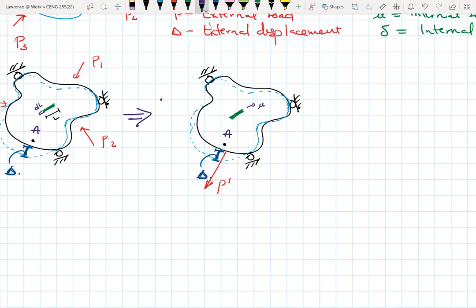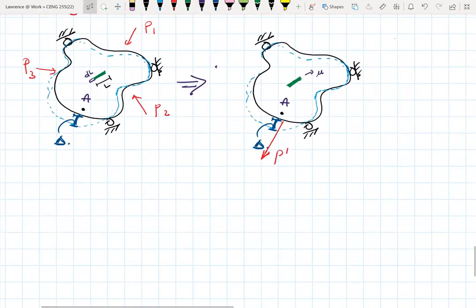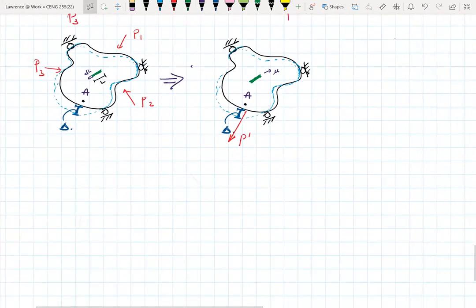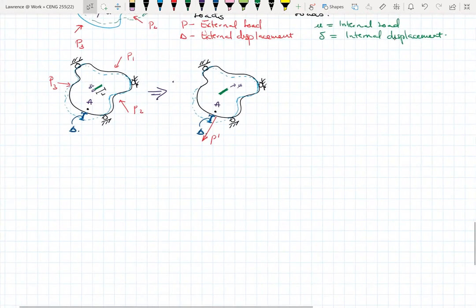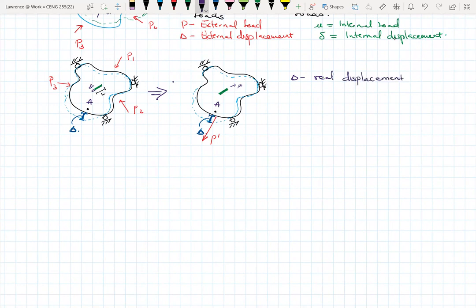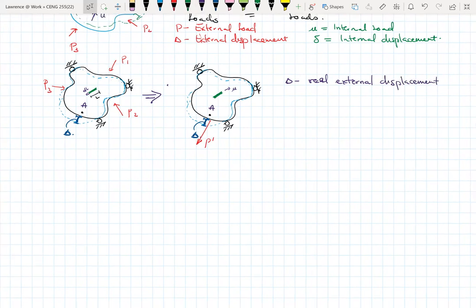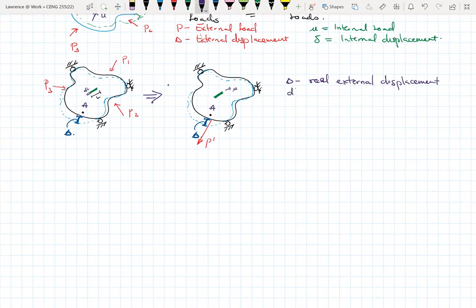So we have a few things to look at. We have a real displacement delta. So delta is a real external displacement. Then dl is a real internal displacement.